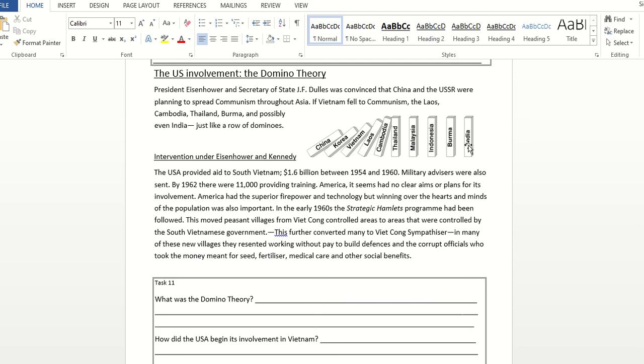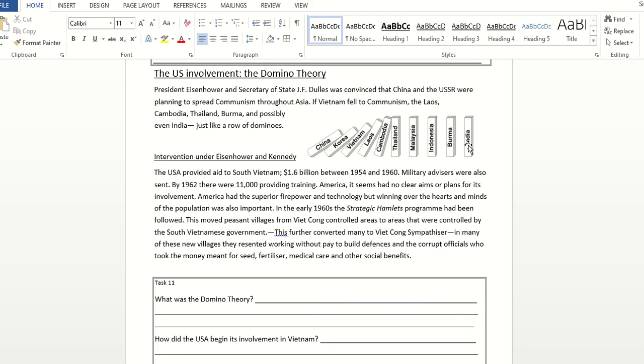They also sent military advisors. These were essentially military personnel who were training the South Vietnamese to fight the Vietcong. They also gave them the best weapons and lots of ammunition.